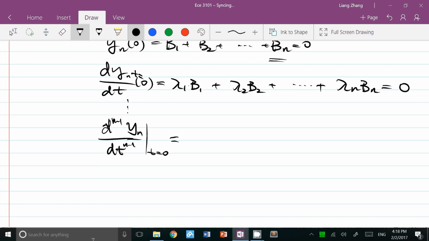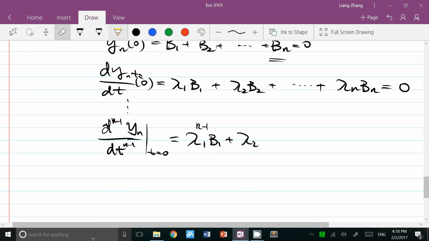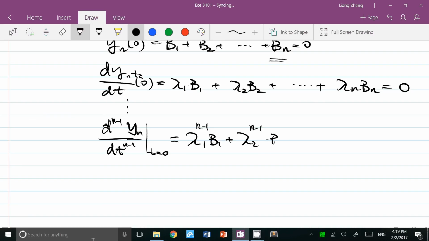What this will be equal to, you need to take the (n minus 1)th derivative. Lambda 1 will come up n minus 1 times, multiplied by b1. Lambda 2 will come up n minus 1 times, times b2, plus everything, and lastly lambda n to the n minus 1 times bn.